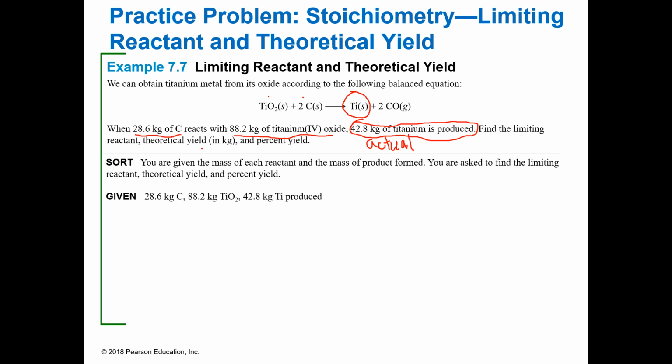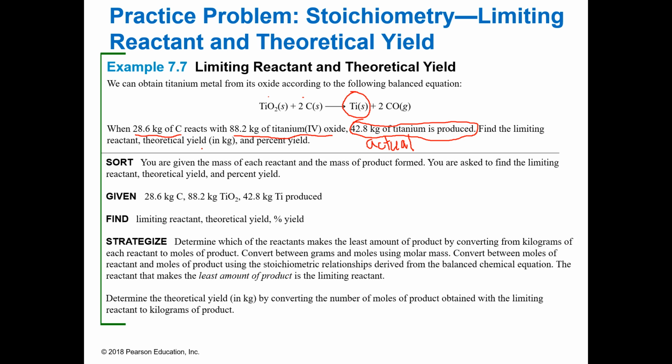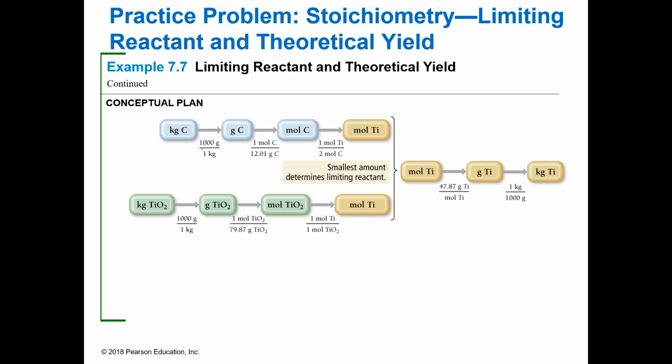All right, so let's go to our strategy. All right, so we're going to take our carbon. We're given kilograms, we've got to go to grams first, and then grams to moles, moles to titanium. We're going to do the same thing with the titanium oxide. Whichever one of these is the least amount, then that will determine our limiting reactant. And then from there, we can convert it to kilograms and get our theoretical yield.